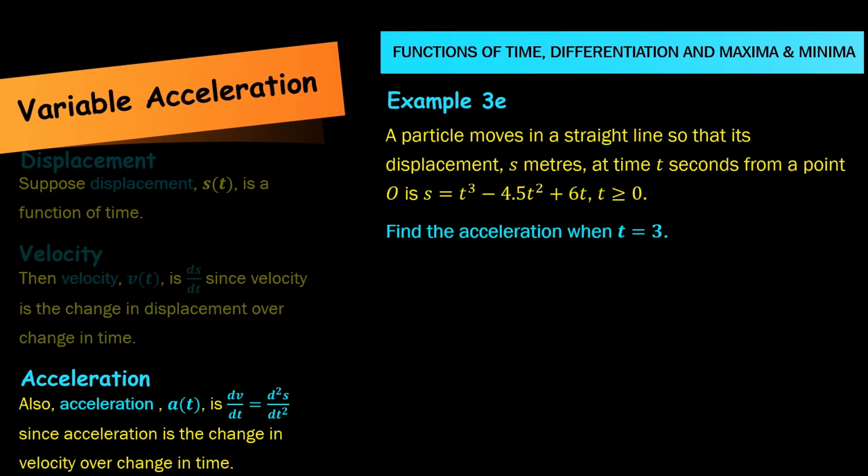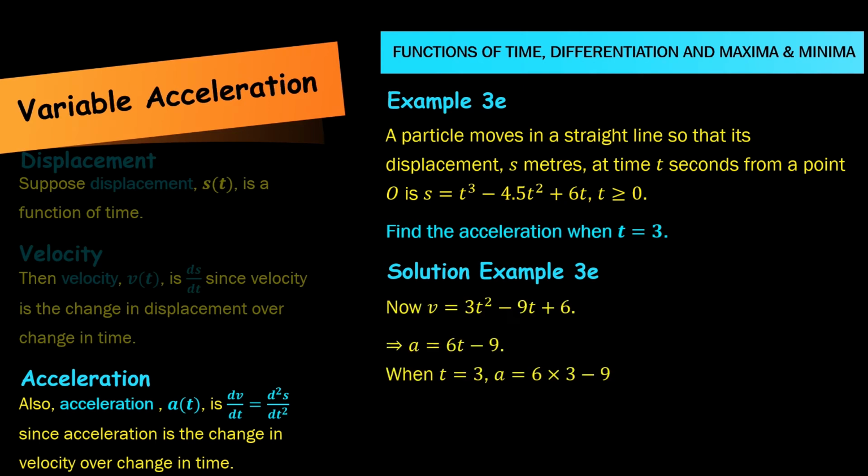And now for part E. Find the acceleration when t equals 3. So let's solve this. We have the equation for velocity, and we also have the equation for acceleration.